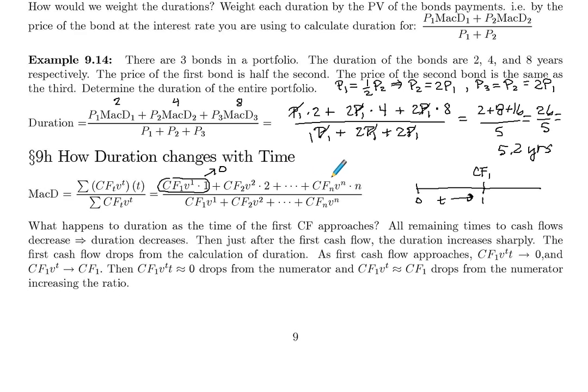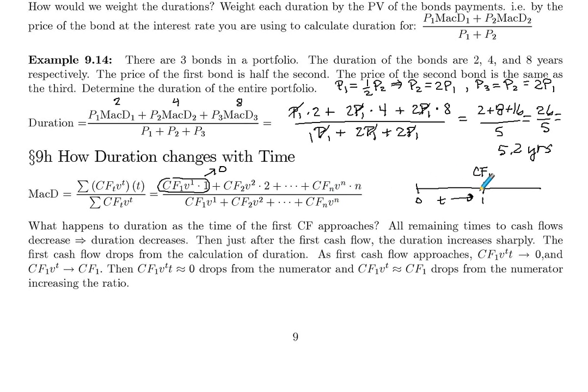And all these cash flows are decreasing too because the time till they occur is approaching 1 less. So this one is approaching CF2 v times 1, all the way down to this one approaching CFn v to the n minus 1 times n minus 1. So all those are decreasing. And these present values on the bottom are also decreasing.